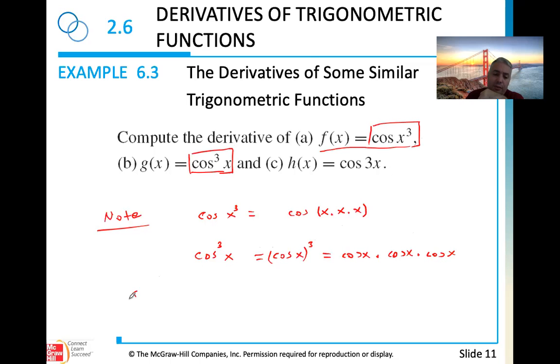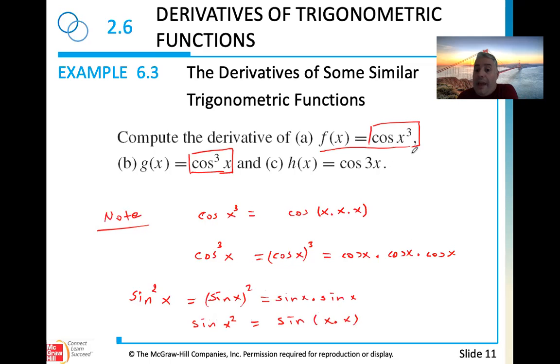So if I say, for example, sine to the power of 2 x, what does it mean? It means sine of x to the power of 2, which means sine of x times sine of x. If I say sine of x squared, it means sine of x times x.